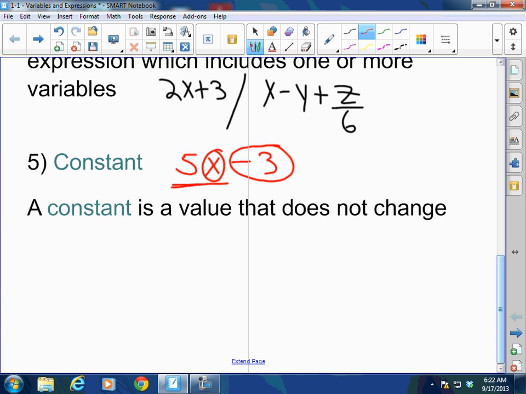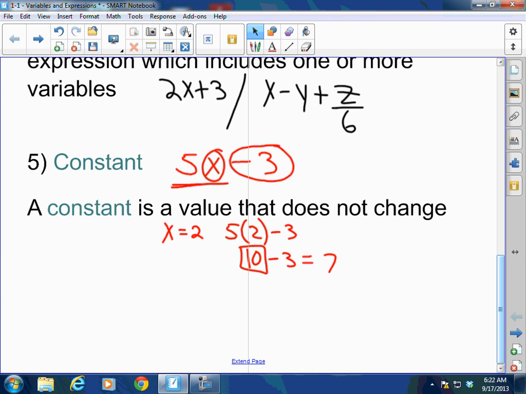That's constant, and it will not change regardless of the value of the variable. So for example, let's say that x equals 2. In that case, 5 times 2 minus 3, that's 10 minus 3. This value changed because the variable changed. But this 3 is still the same, so you'd have 7. So a constant is just a number by itself, something that cannot change, something that cannot vary.